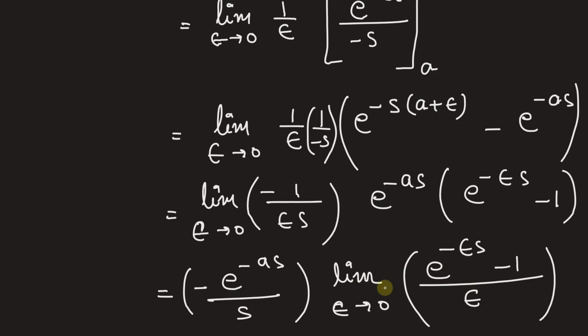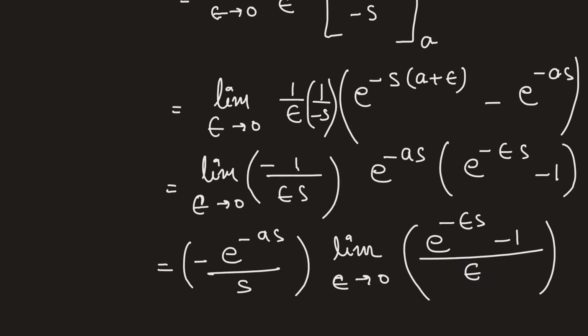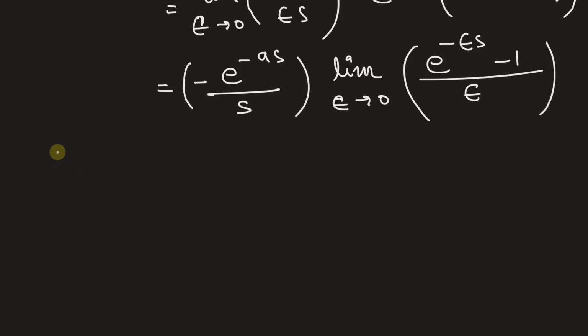If you substitute epsilon equal to 0 in this limit, you will get a 0 by 0 form. This type of indeterminate form can be solved using L'Hopital's rule. L'Hopital's rule says that if we have a form of 0 by 0 or infinity by infinity, we can differentiate the numerator as well as the denominator.